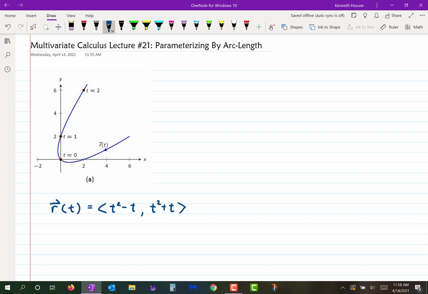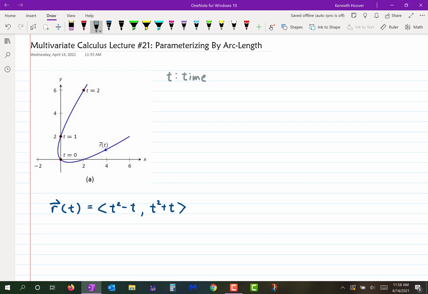All right, now let's say for the sake of argument that t stands for time. Then you can figure out your location on the curve at any time.